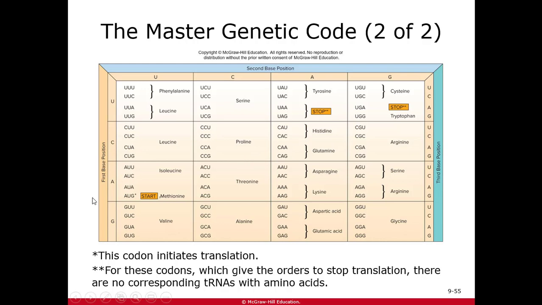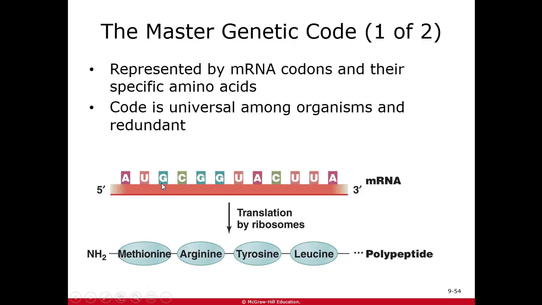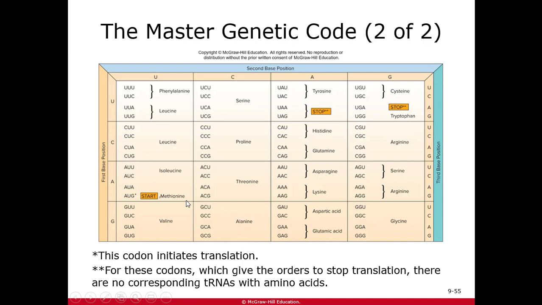If we're going to find AUG, we don't want to just look around on the table, because there are a lot of different codons on there. So we're going to translate AUG. Our first letter is A. On the left-hand side of the table, we have our 4 possible choices for the first letter, and ours is A. Anything in this row starts with an A. Our second letter is U. We go across the top, where the second base position is.